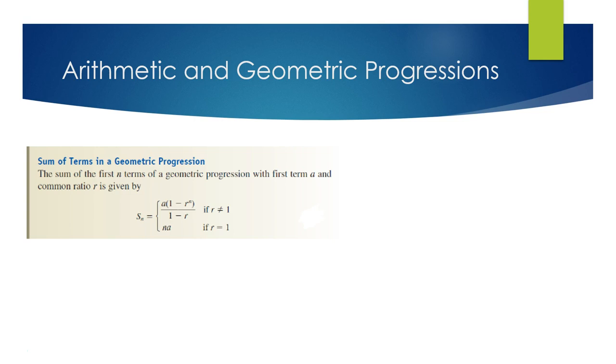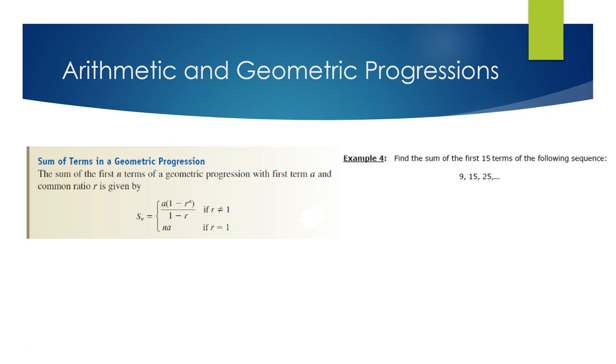Like in the example from before, where our first term was 9, if I want to figure out what the first 15 terms add up to, I'm just going to have 15 nines, and then I can just multiply that together.